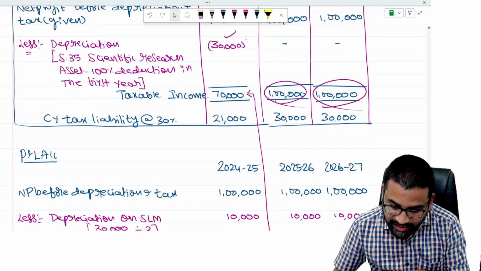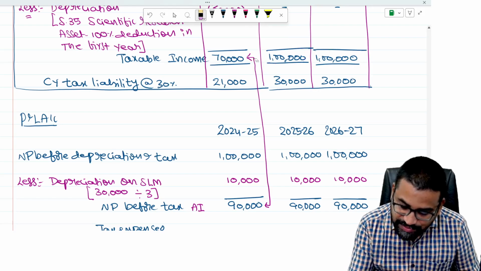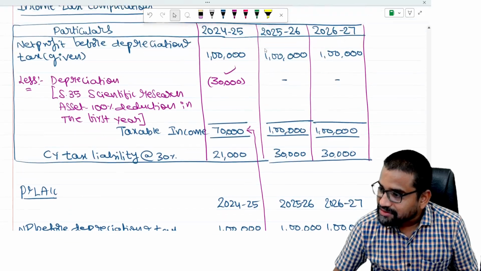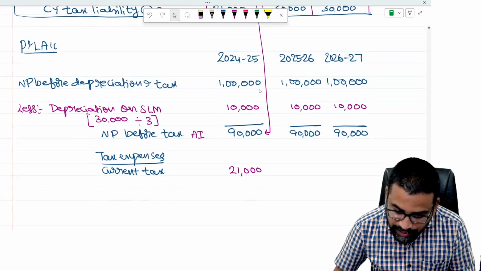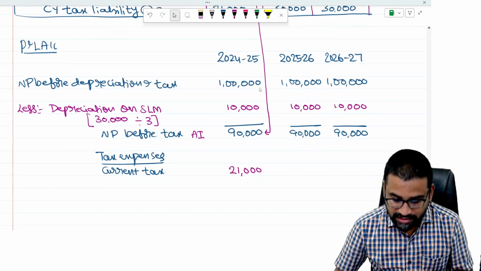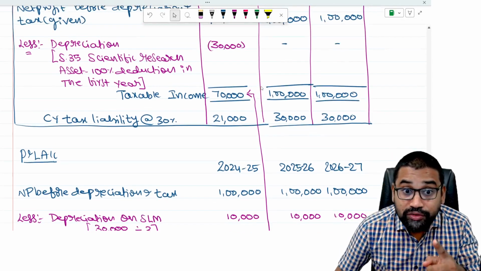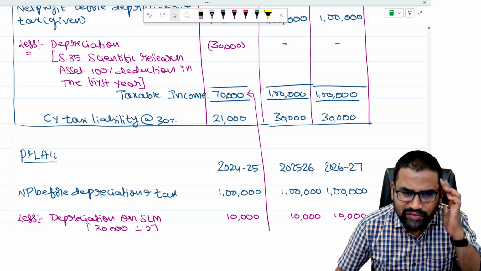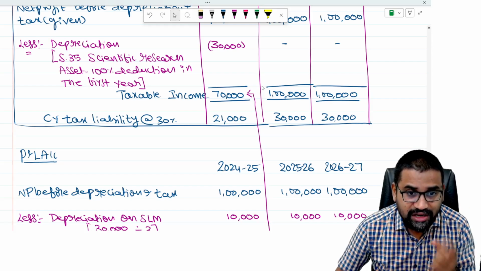Now I identified the difference between accounting income and taxable income. Now the difference is because of what? Depreciation. Because of depreciation, there is a difference of 20,000. So your taxable income is less than accounting income. That means it is going to give you a liability. See, always remember, when taxable income is less than accounting income, in the origination year, it will be a liability.